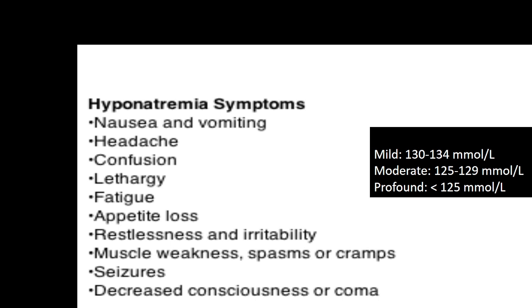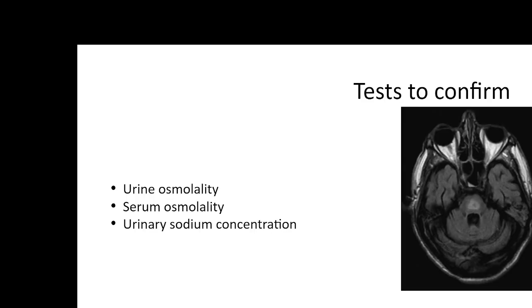Profound is an acute emergency where you need to administer intravenous hypertonic saline as early as possible. Moderate can be managed as such. Mild conditions can be managed mainly with oral supplements wherever the patient is able to take orally.